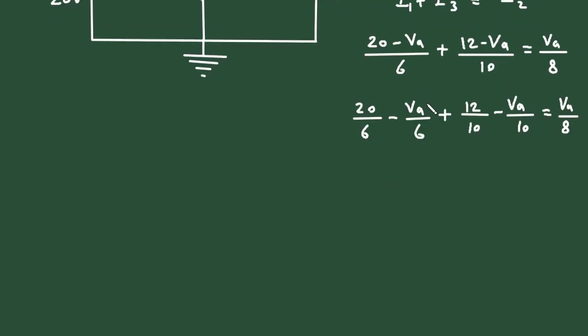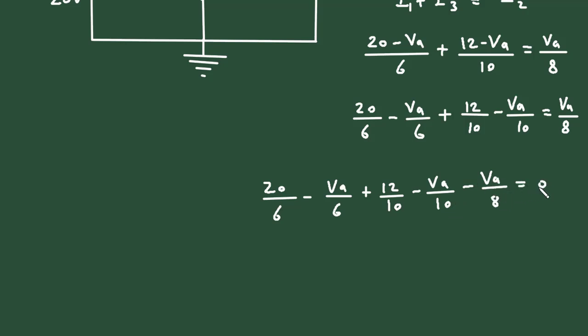Now further, if we take this on left side, it will be 20 divided by 6 minus VA divided by 6 plus 12 by 10 minus VA divided by 10 minus VA divided by 8 is equal to 0.